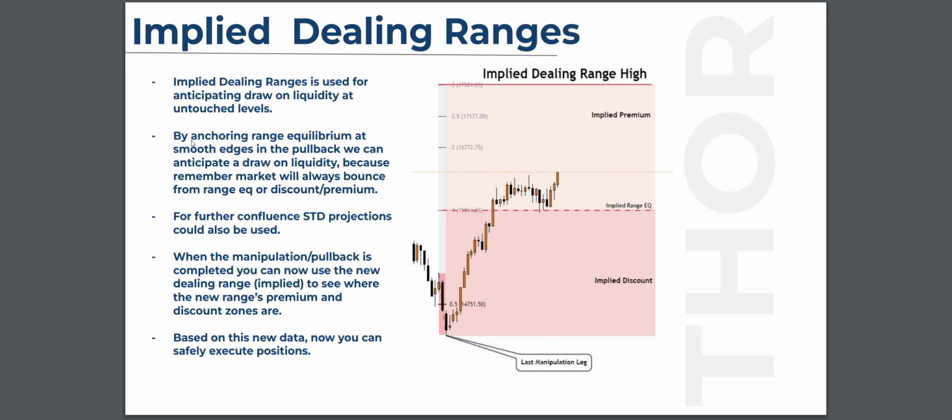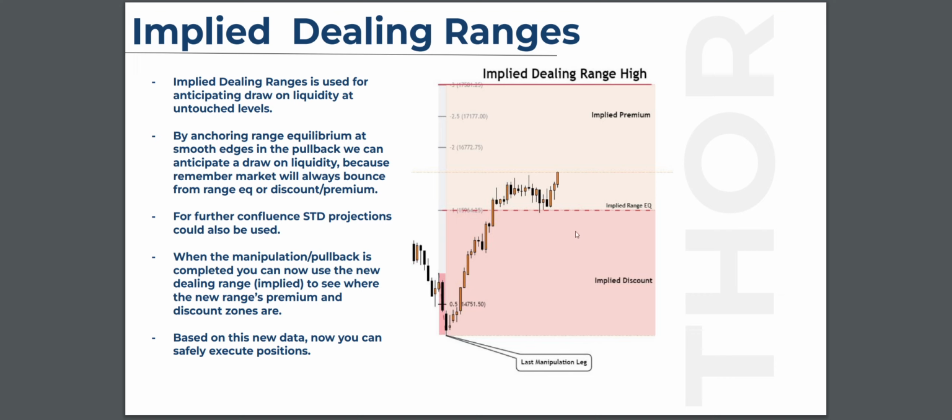So when I say anchoring range equilibrium at smooth edges in the pullback, I anchor the range equilibrium there, move the dealing range high, right? And I got this level right there. Now I can anticipate drawn liquidity at all-time highs at implied dealing range high, right?